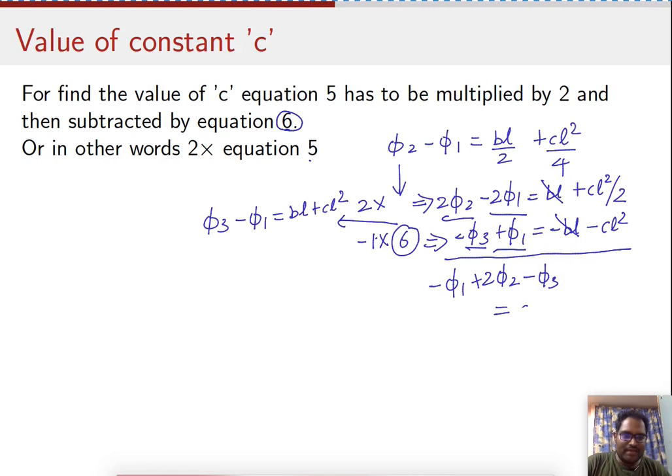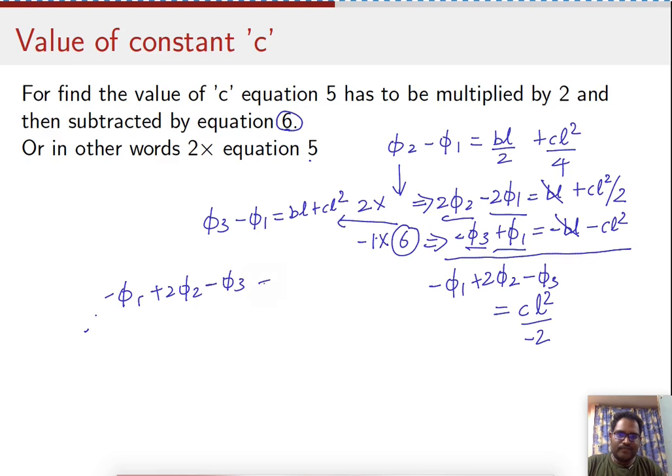If you do the math, you will get CL square by minus 2. Now we can rearrange this equation: minus phi 1 plus 2 phi 2 minus phi 3 is equal to minus CL square by 2. Removing the negative sign, it will be phi 1 minus 2 phi 2 plus phi 3 is equal to CL square by 2.